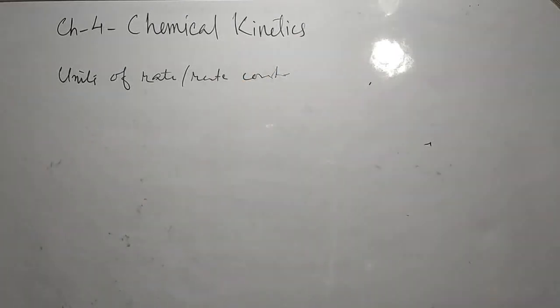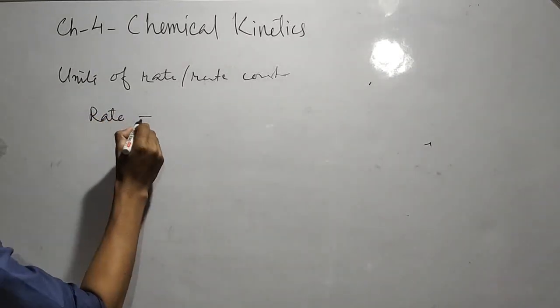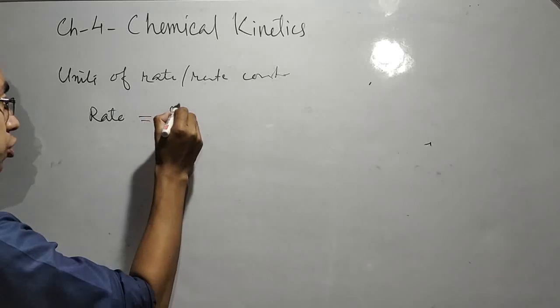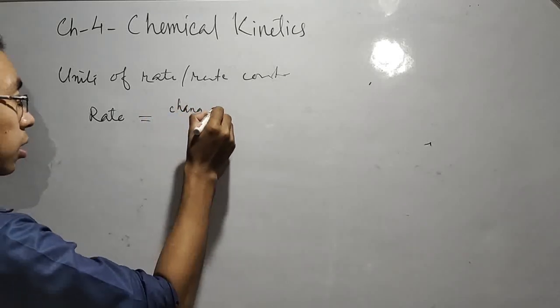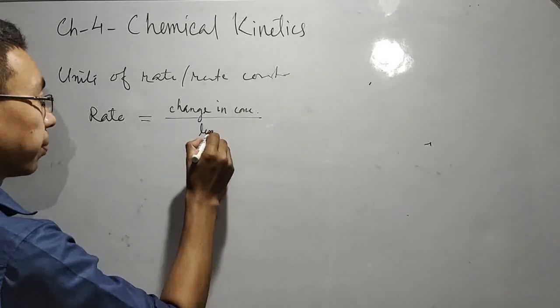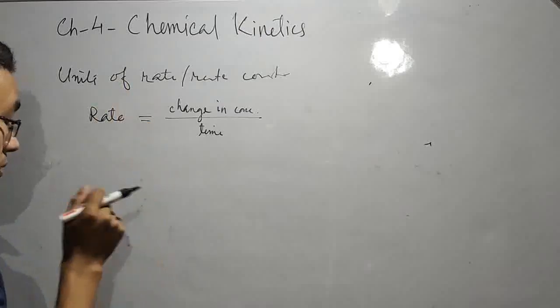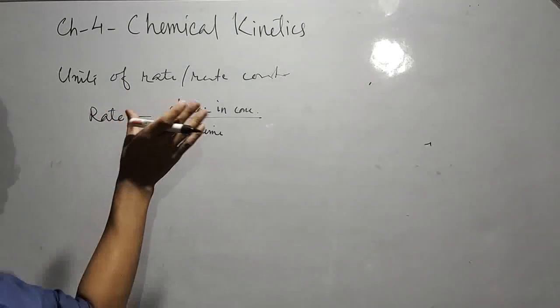So let us first find out the unit of rate. We know that rate is equal to change in concentration divided by time, isn't it? So concentration, either for reactant or product, the unit will be the same.